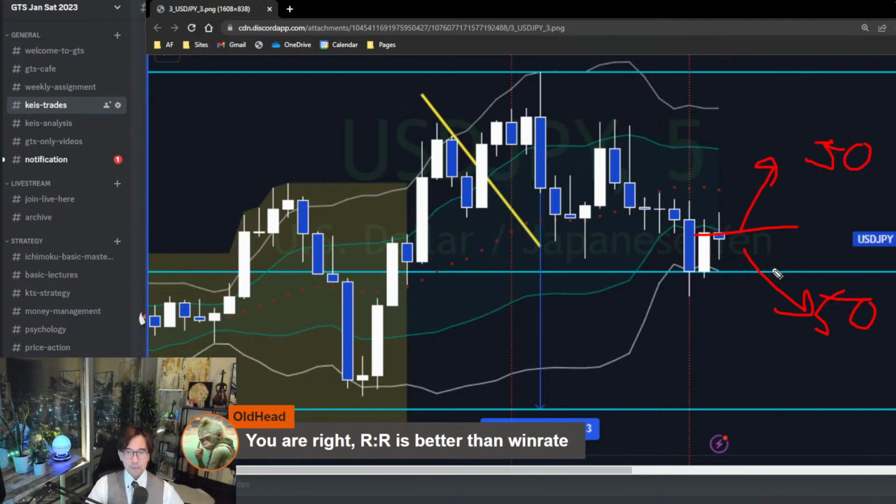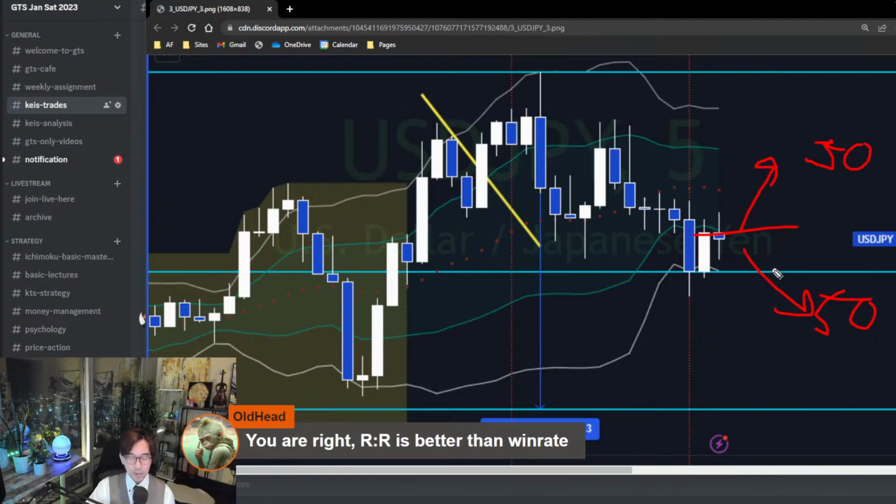So if it's 50-50, then the win rate should not be below 20. So if it's not below 20, and you have a risk-reward ratio of 1-3 or 1-4 even overall, then you still make profits with a 20% win rate.